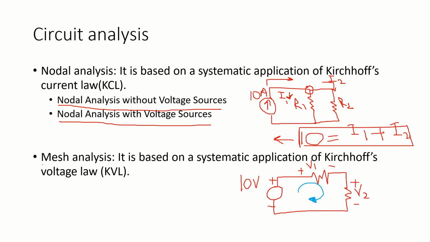So I can write it as negative 10. Now I went through this, and now I'm going towards V1. The first sign is positive, so I can write plus V1. And the third sign that I came across is again positive. I can write it as plus V2 equals 0. So this equation is derived using KVL. This is Kirchhoff's voltage law.